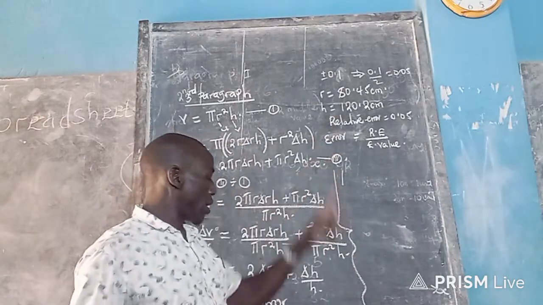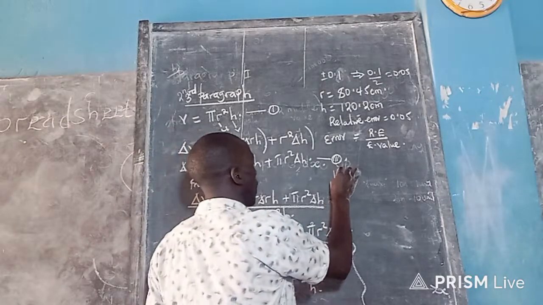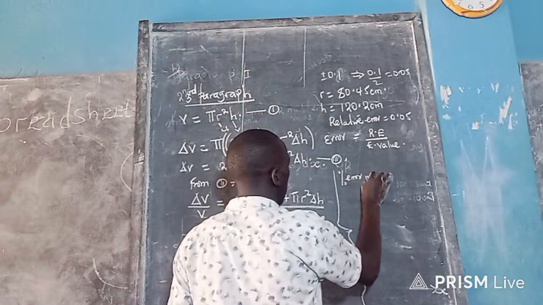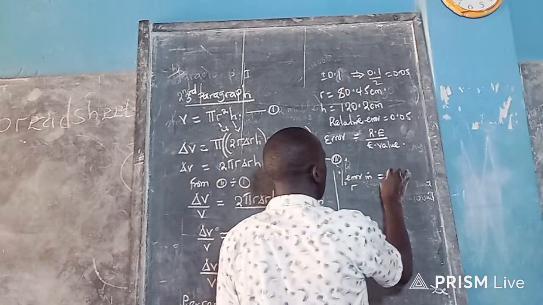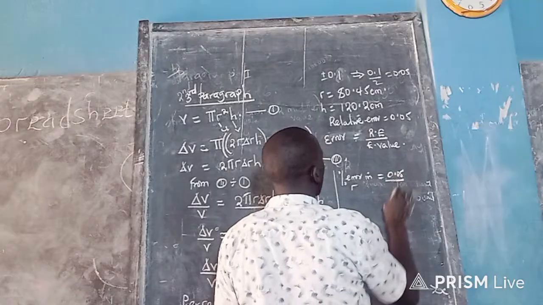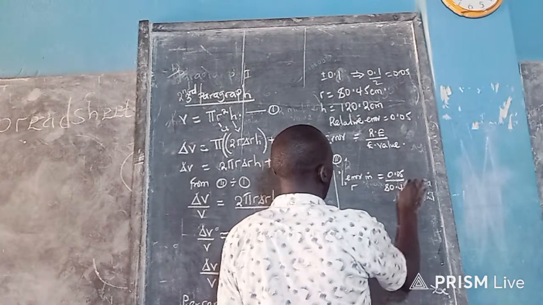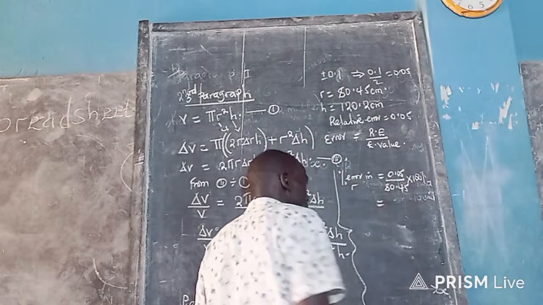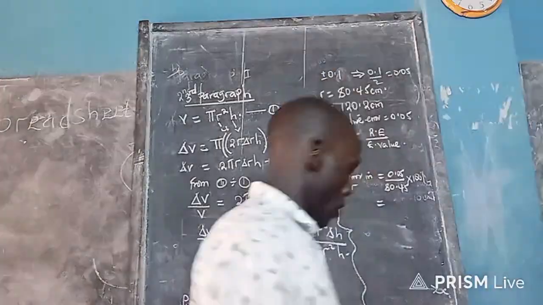We may also have another formula that will give us the same answer. So the percentage error in the radius, we are going to get the relative error, that is 0.05, divided by the exact value, that was 8.45, then I multiply by 100%.